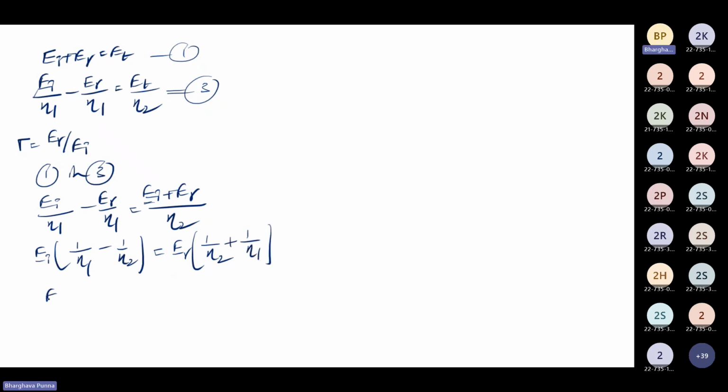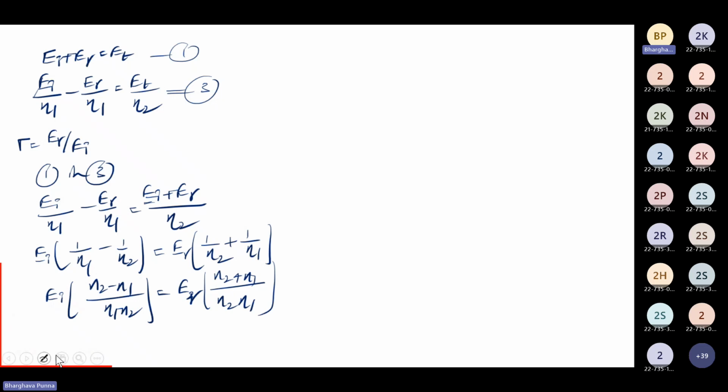Take the LCM on both sides. Here we get eta 2 minus eta 1 by eta 1 eta 2, and it is equal to ER times eta 2 plus eta 1 by eta 2 eta 1. On both sides we can cancel eta 1 eta 2, and the equation for ER by EI, that is gamma, is equal to eta 2 minus eta 1 by eta 2 plus eta 1.